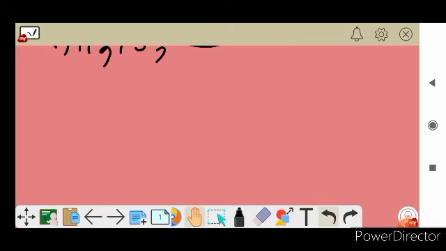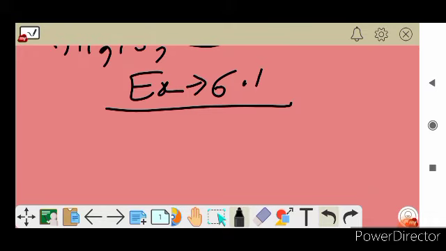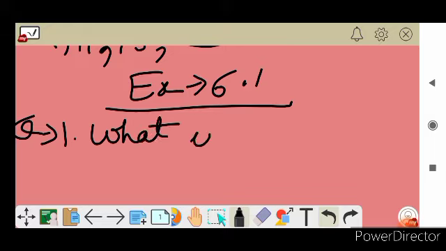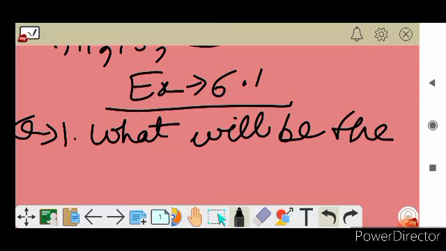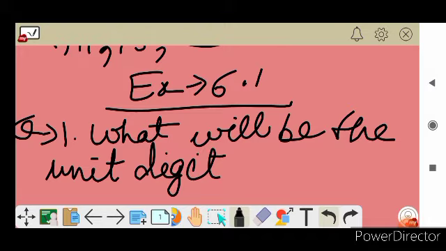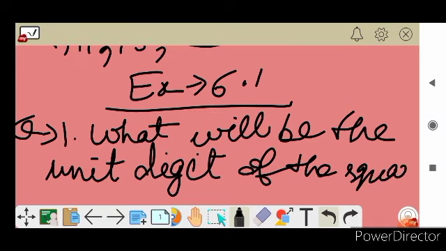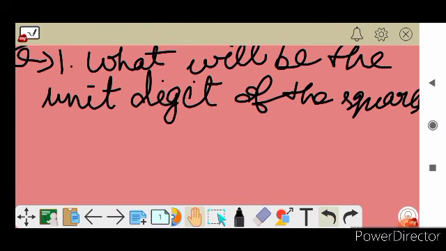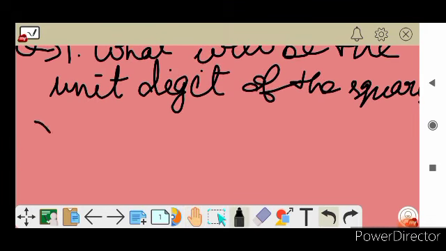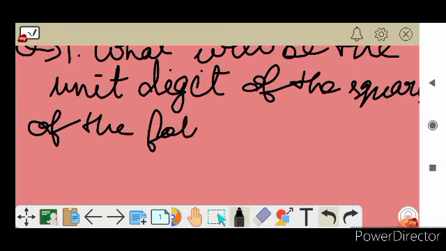And we will discuss exercise 6.1 now. In exercise 6.1, question number 1, what will be the unit digit of the squares of the following numbers?